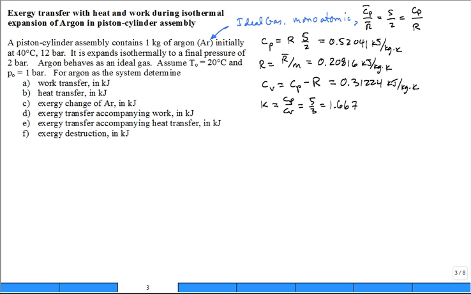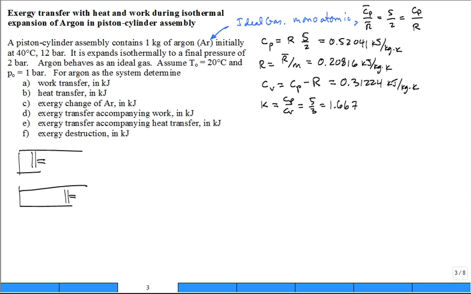Okay? All right. It's initially at some temperature and pressure, and it's in a piston cylinder apparatus, and it expands isothermally to a final pressure of 2 bars. So you might want to think, okay, it's in this piston cylinder here, state 1, and then it's going to go to some state 2. It's expanded, true.